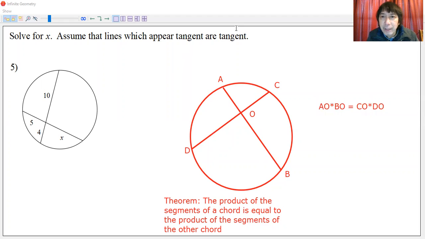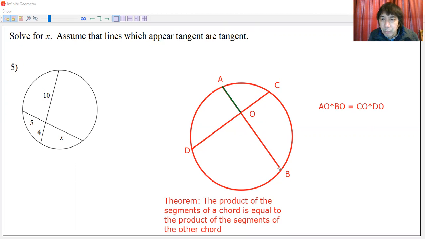Let me change the color, say green. So this length AO, let's change this to green, times BO. Let's use another color.